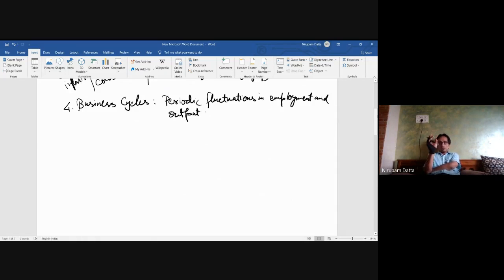Okay. So it is nothing but any periodic fluctuations in employment and what? Output. Now, according to business cycles, there can be 4 phases of the economy. So what are the 4 phases?